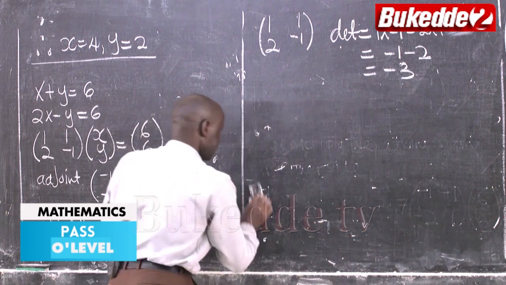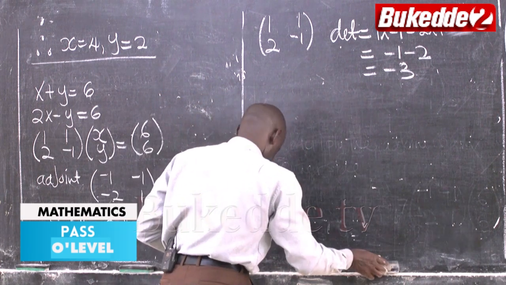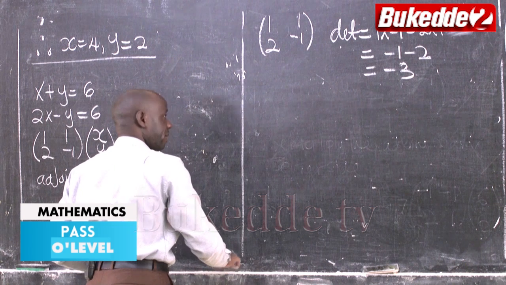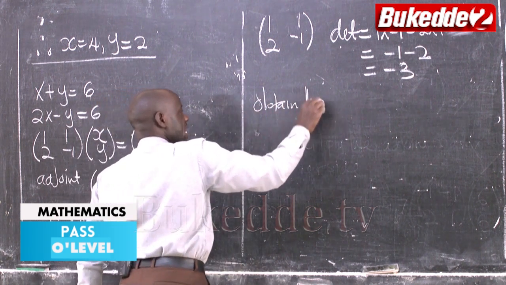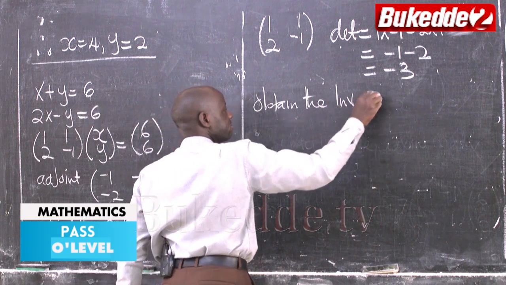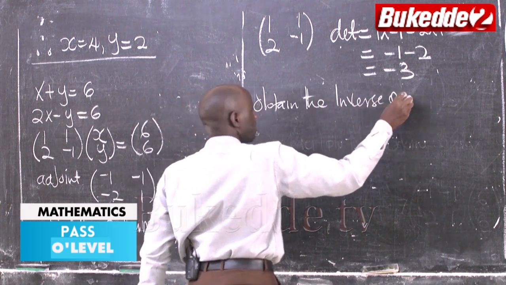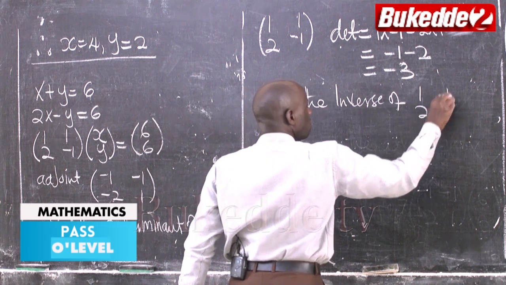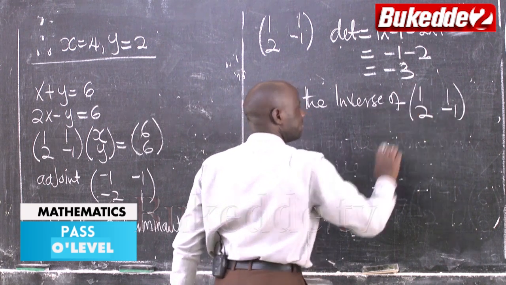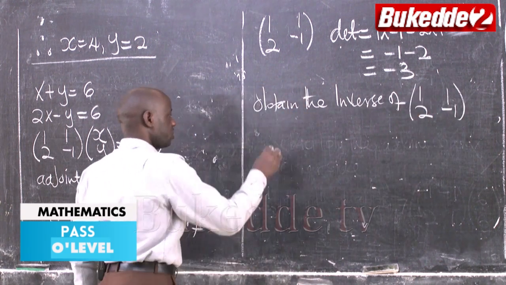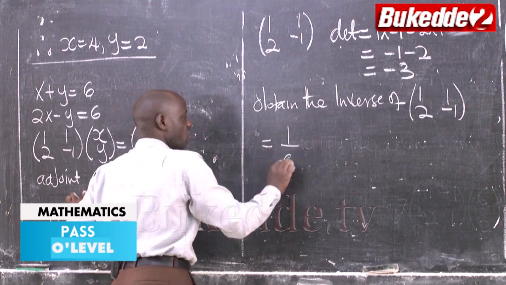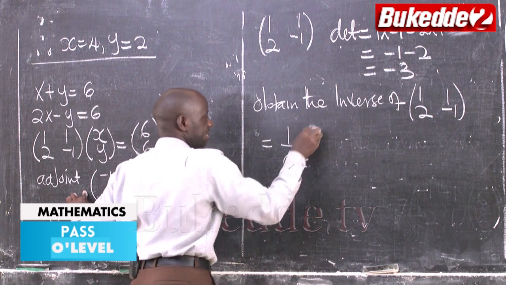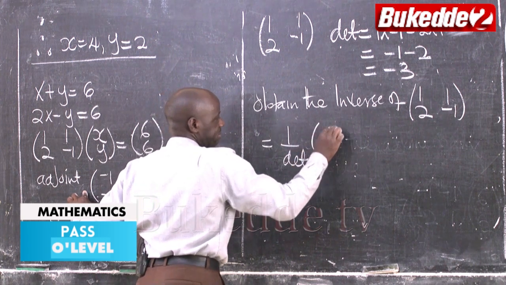So after having done that, we are going to obtain the inverse of the matrix 1, 2, 1, negative 1, which is going to be equal to 1 over the determinant times the adjoint.